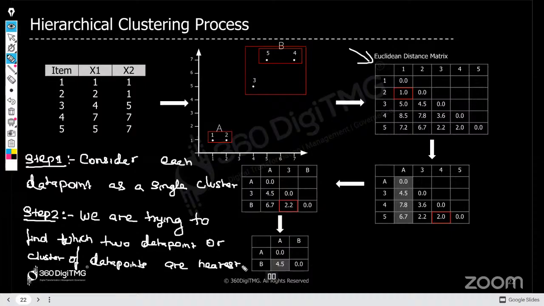Once we figure it out, in step 3, we will cluster down the nearest data points.